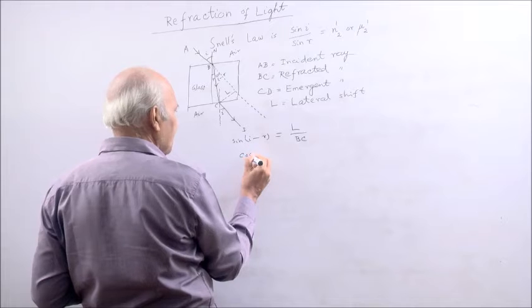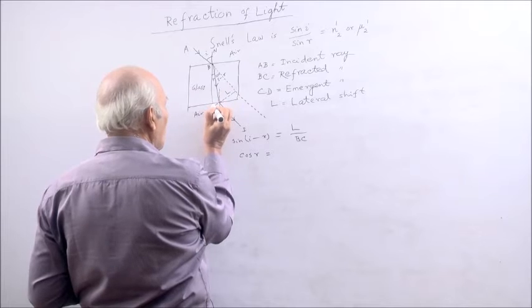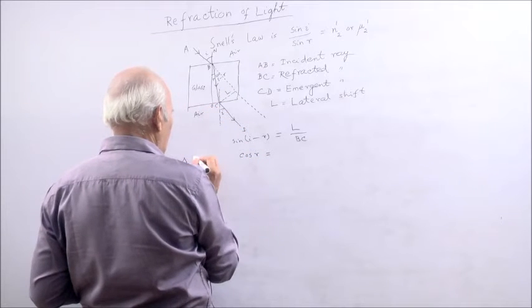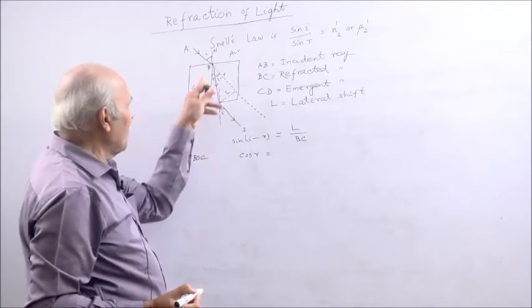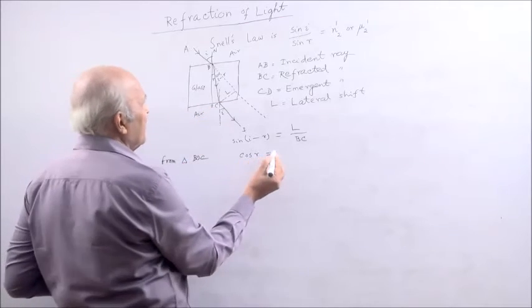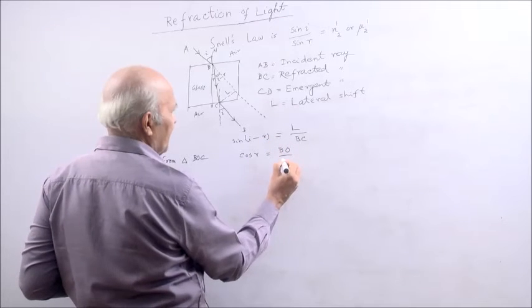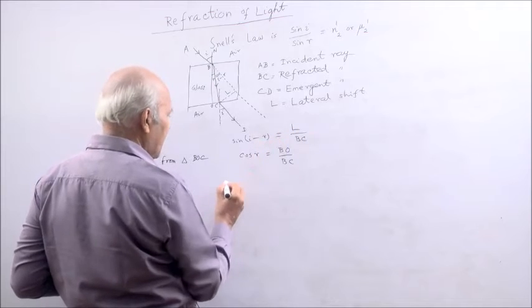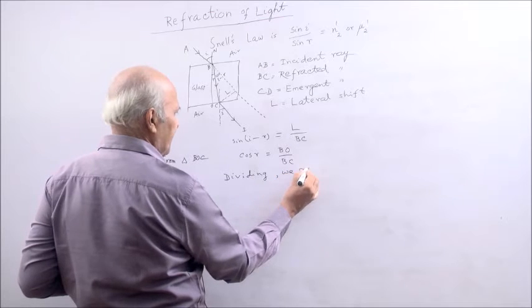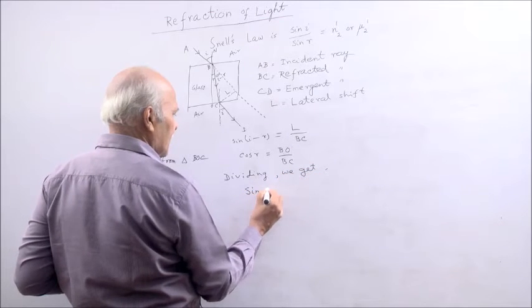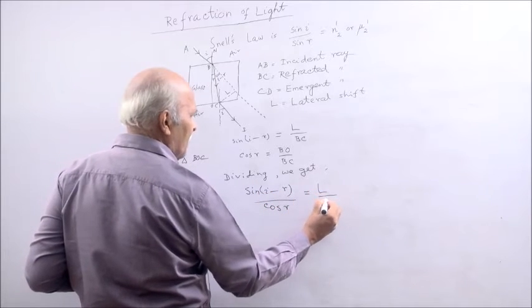Then cos r, in this triangle BOC, cos r you can see is BO by BC, and if you divide them, we get sin(i minus r) by cos r is equal to L by BO.